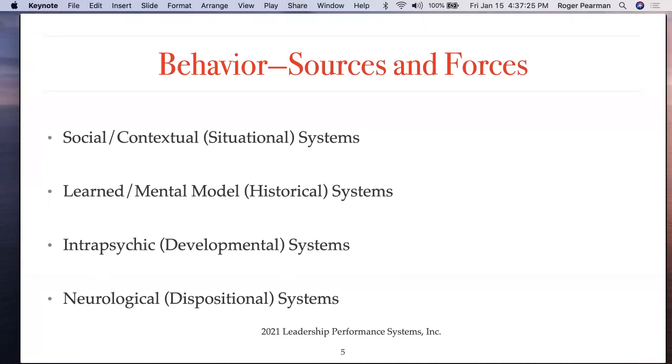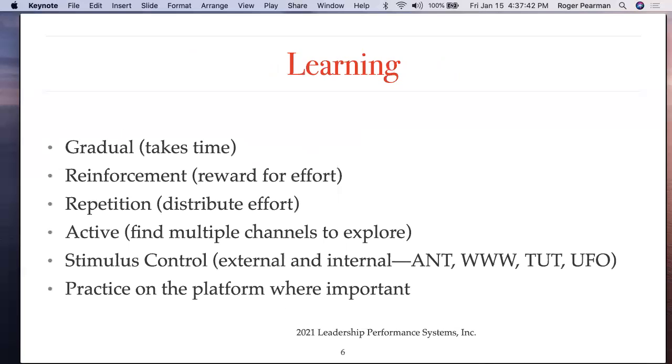There's also the notion of their ongoing development and how that development is showing up, as well as dispositional dynamics that are part of their individual package, which could be affecting behavior at any given time.